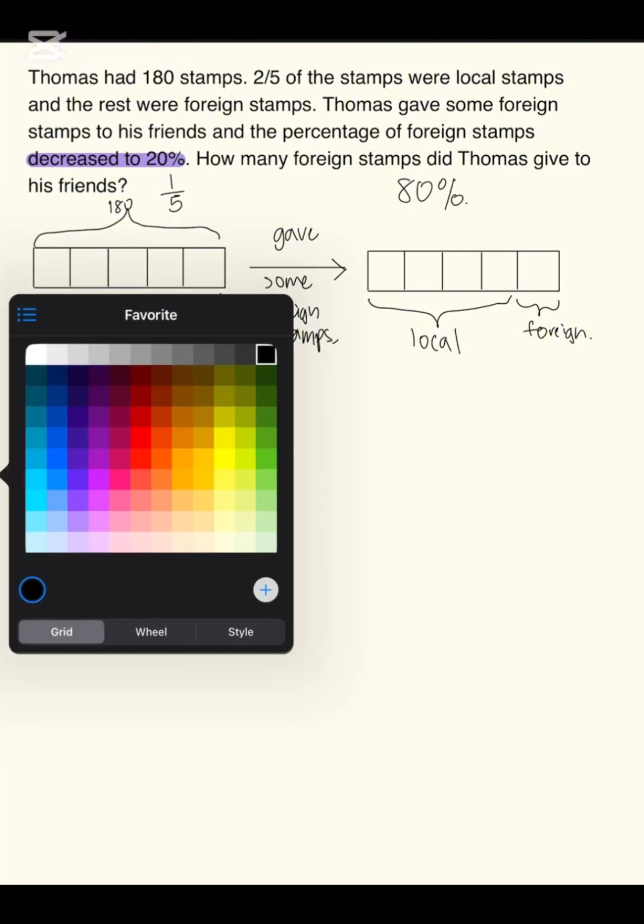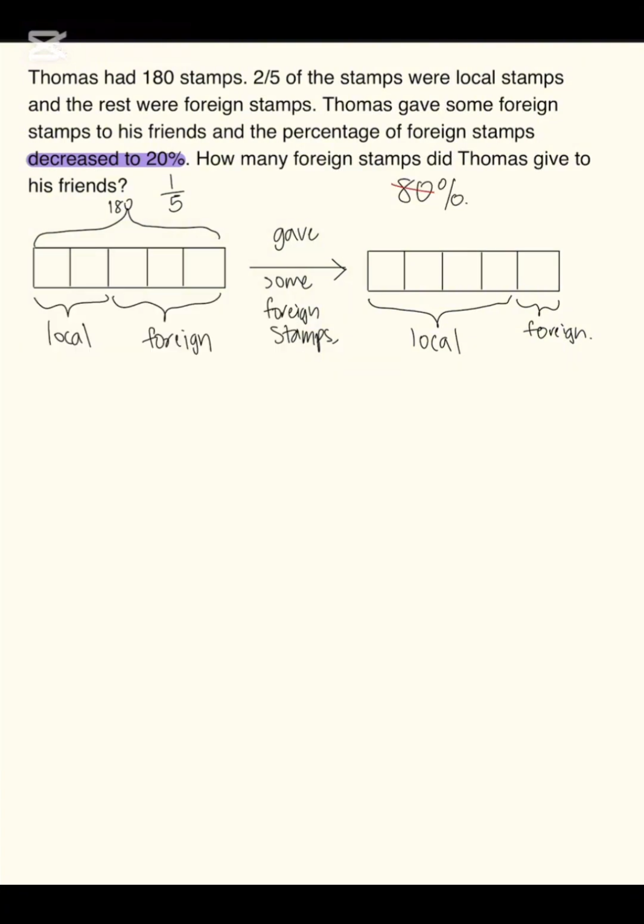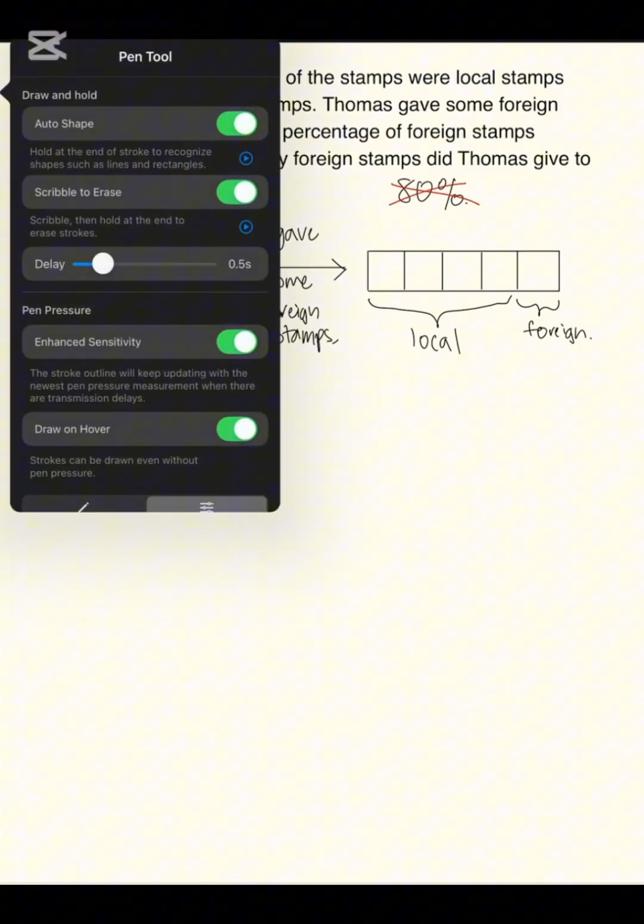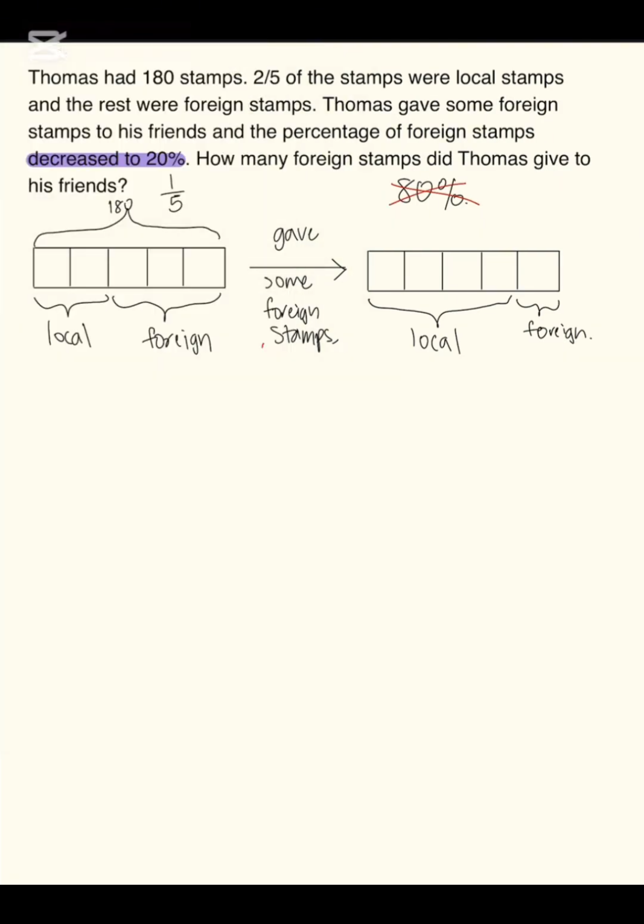But this is totally wrong. When you decrease to 20% from 100% or 90%, whichever percent, it will become 20%. So no, it's not decreased by, it's decreased to 20%.